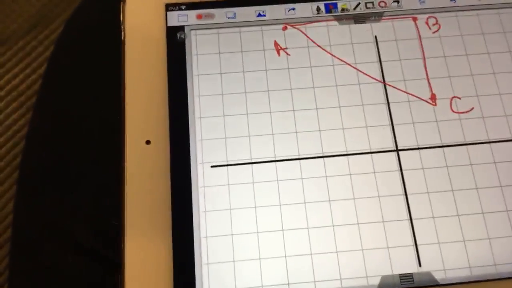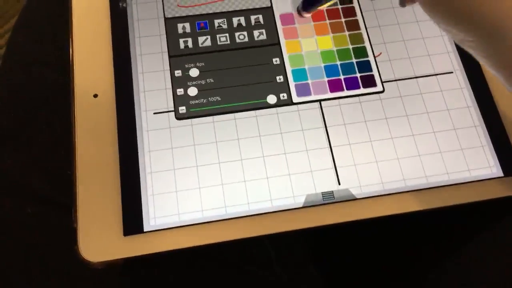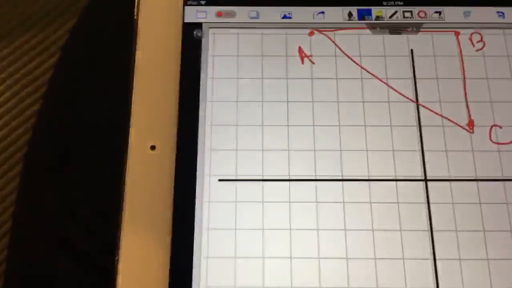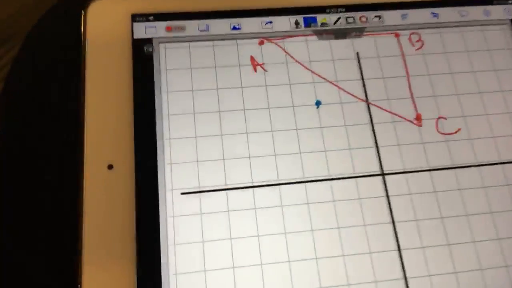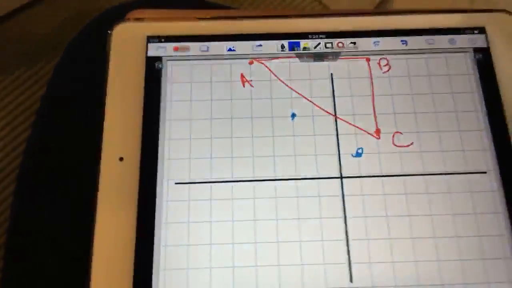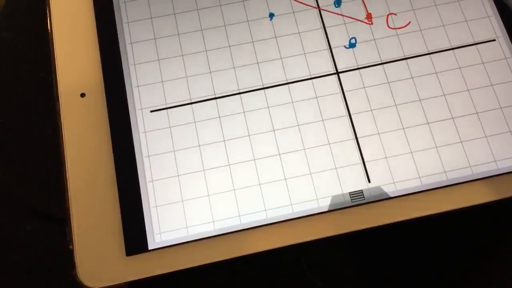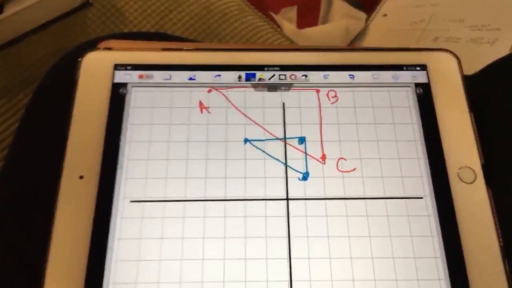We have triangle DEF. So looking at the picture, the ordered pairs for DEF are -2, 3, and 1, 1, and 1, 3. Okay?